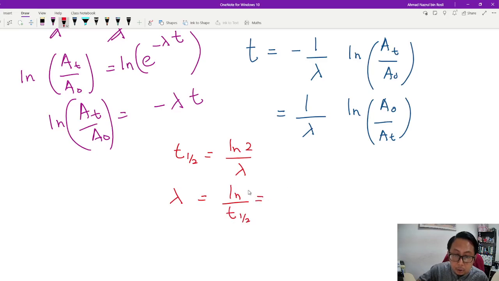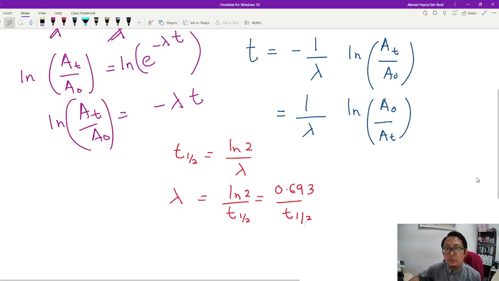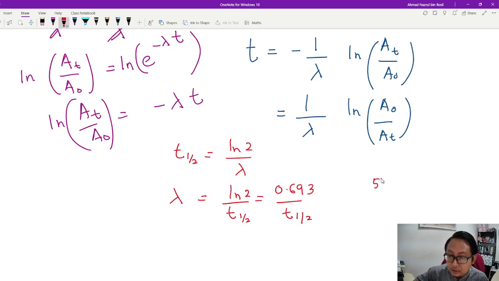And ln 2 is equal to 0.693, so lambda is 0.693 over half-life. The half-life for carbon 14 is 5,730, and we replace lambda here.